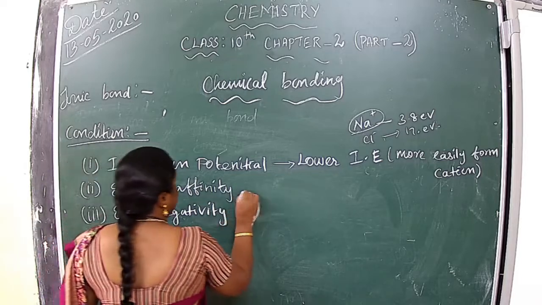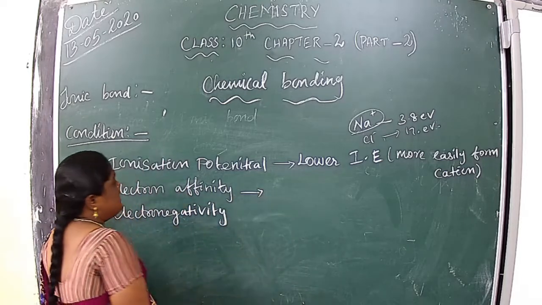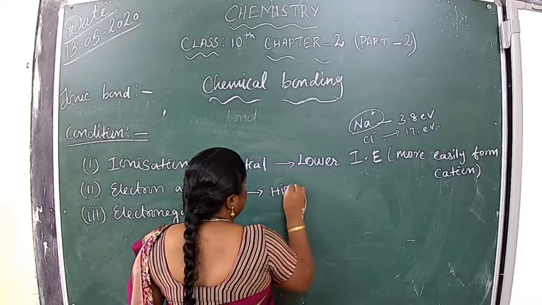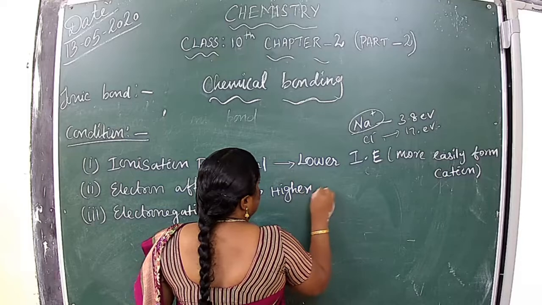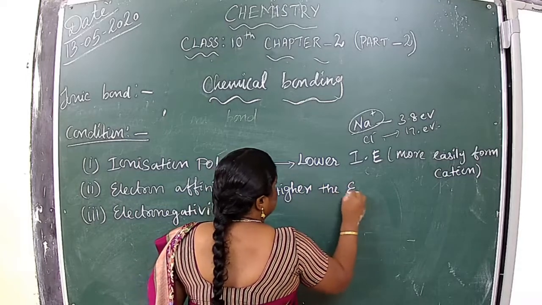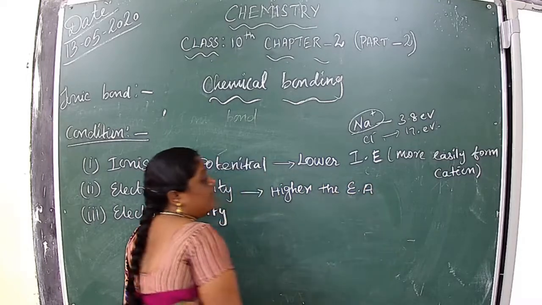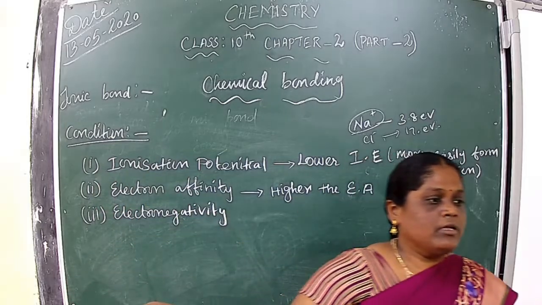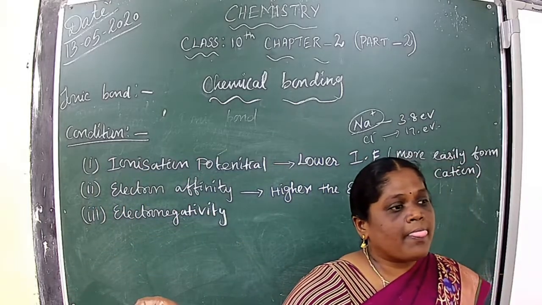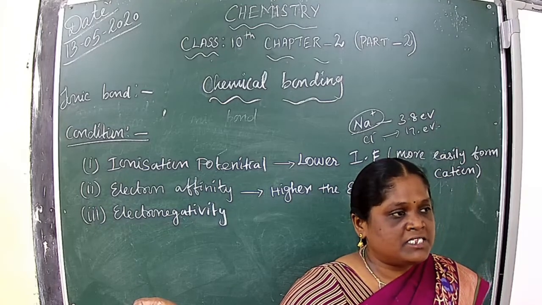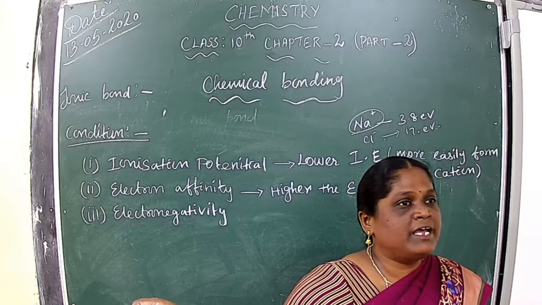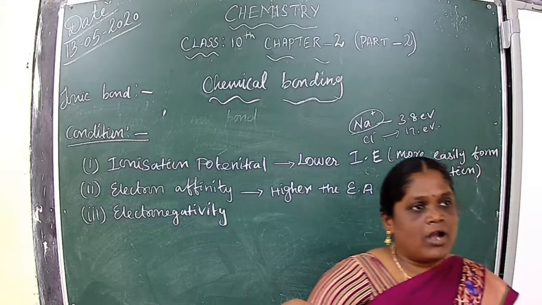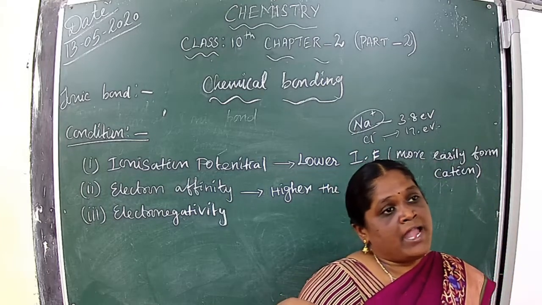And electron affinity: the higher the electron affinity. What is electron affinity? It is the energy released when an atom accepts an electron and forms an ion.